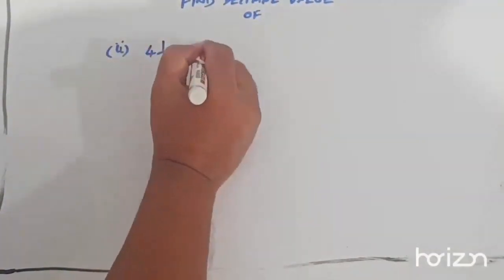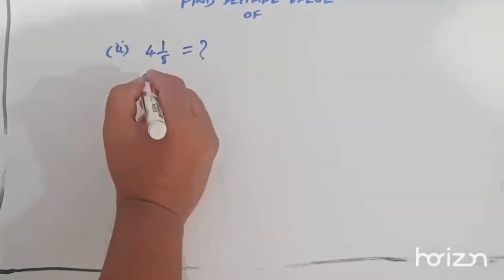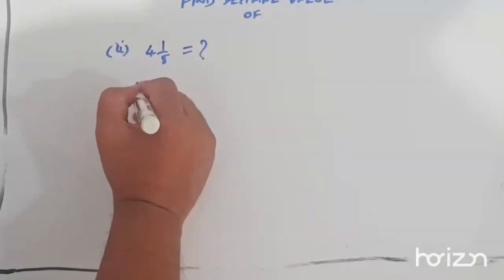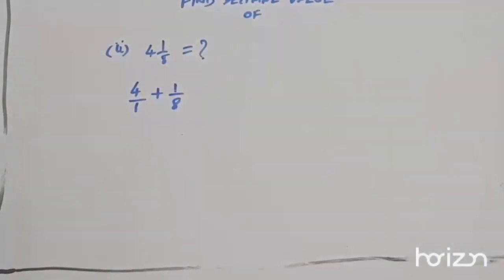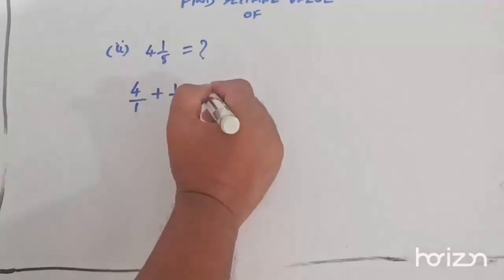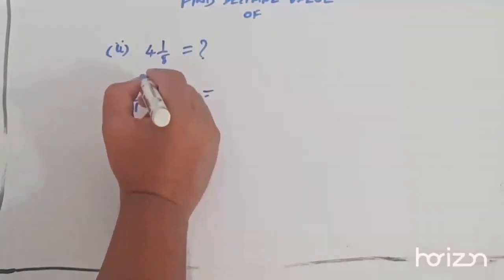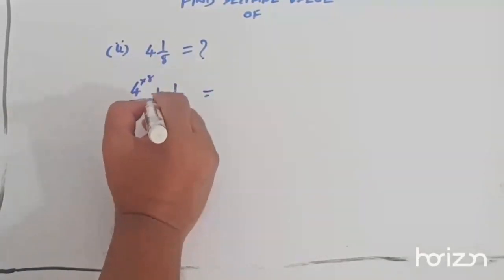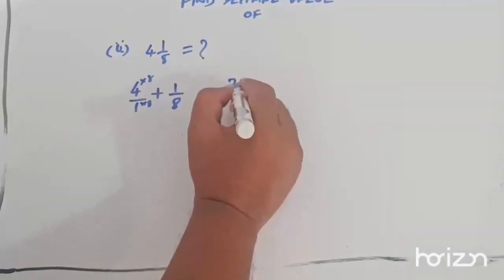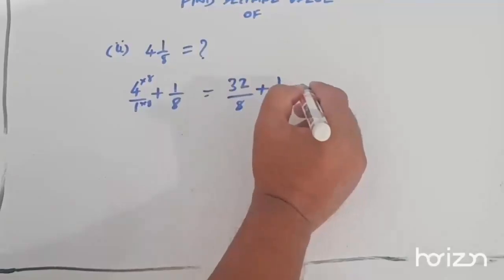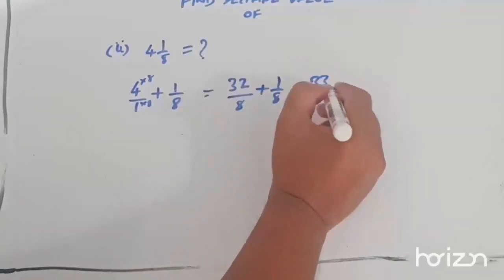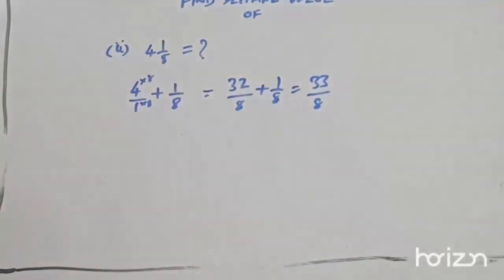If you have something more complicated like 4 1/8, it's a mixed fraction, you have to represent it as 4 plus 1/8, and the LCM of the denominator is 8 itself, so we multiply numerator and denominator by 8, giving us 32 by 8 plus 1 by 8, so that gives us 33 by 8. Okay, so now we have it in the desired fractional form.